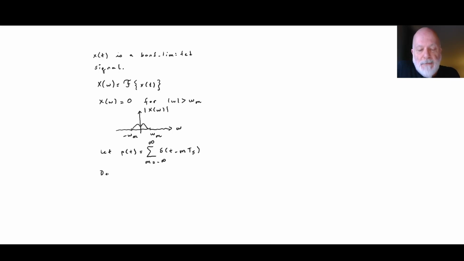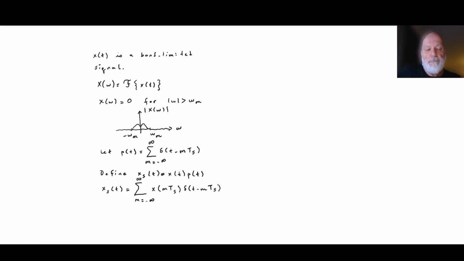Let us define the signal xs of t as the product of x of t with p of t. In other words, xs of t is equal to the sum over m from minus infinity to plus infinity of x of m Ts delta of t minus m Ts.